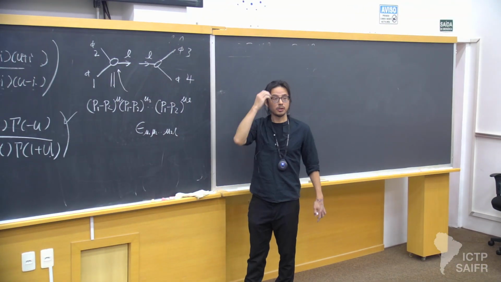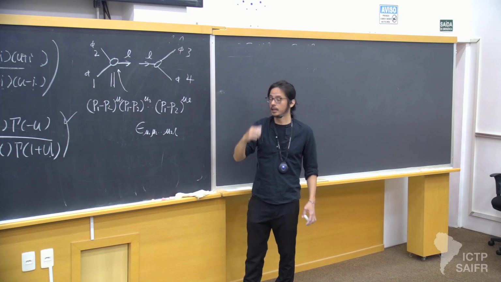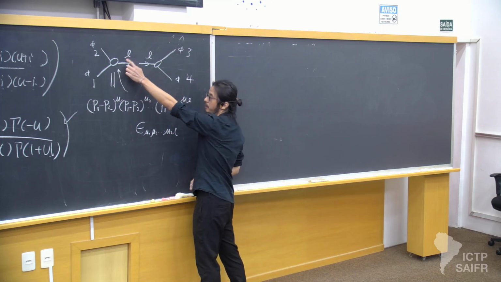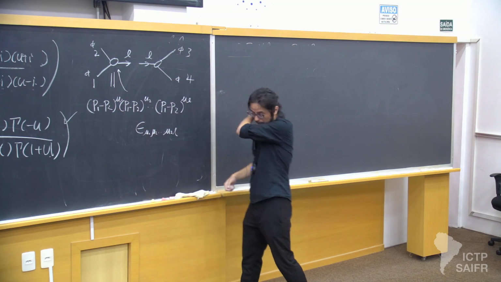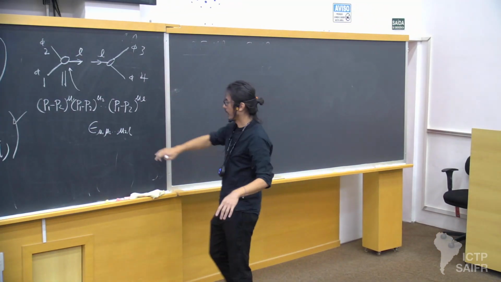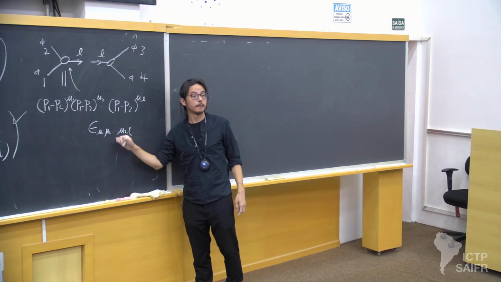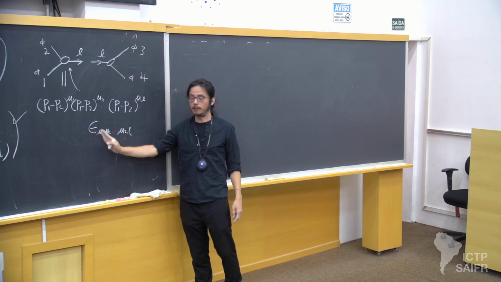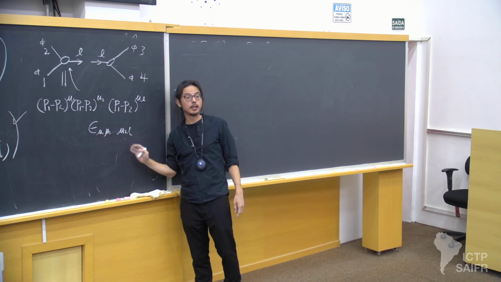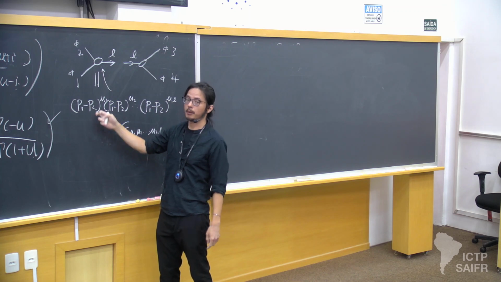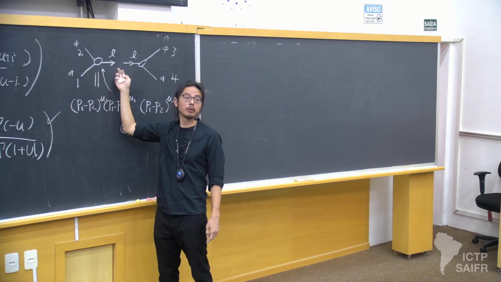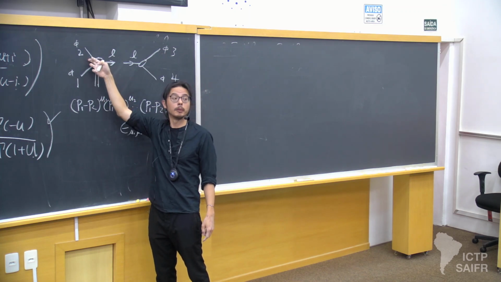So you see that this is unique for a very simple reason. First of all, the fact that you have a spin L state here means that you need a rank L polarization tensor. So you need a bunch of vectors to dot into this, right? The independent vectors that you have in this problem are just momentum 1 and momentum 2. Momentum 3 is related to momentum 1 and momentum 2 by momentum conservation.